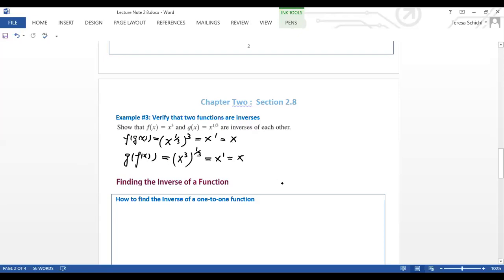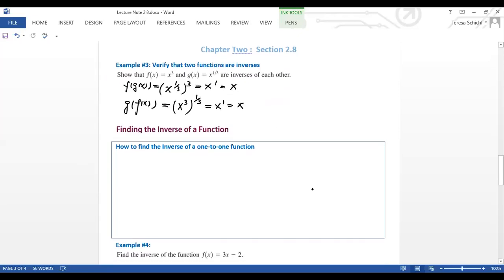Okay. So now, how do we find the inverse of one-to-one functions here? Okay, so we have a few steps here. You can switch the steps, it doesn't matter. First, let's write y equal to f of x. So I have y and x. And number 2, I will solve the equation for x in terms of y.